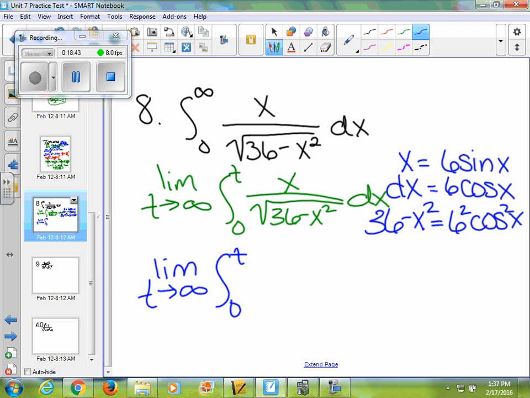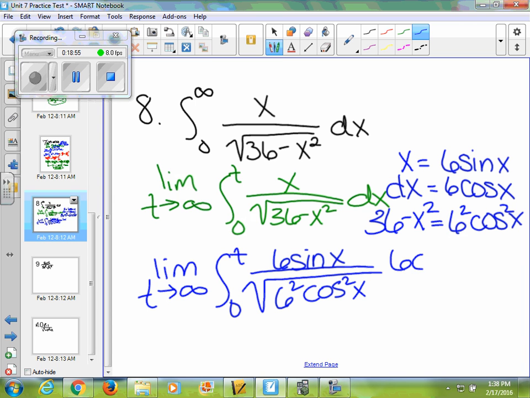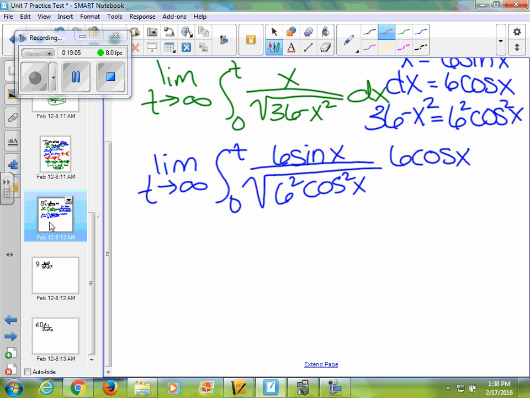Okay, so if I rewrite all of that, that x now becomes 6 sine of x. This 36 minus x squared becomes 6 squared cosine squared of x. And dx becomes 6 cosine of x. If I continue simplifying, this square root cancels with my squareds, so I end up with just 6 cosine of x on the denominator.